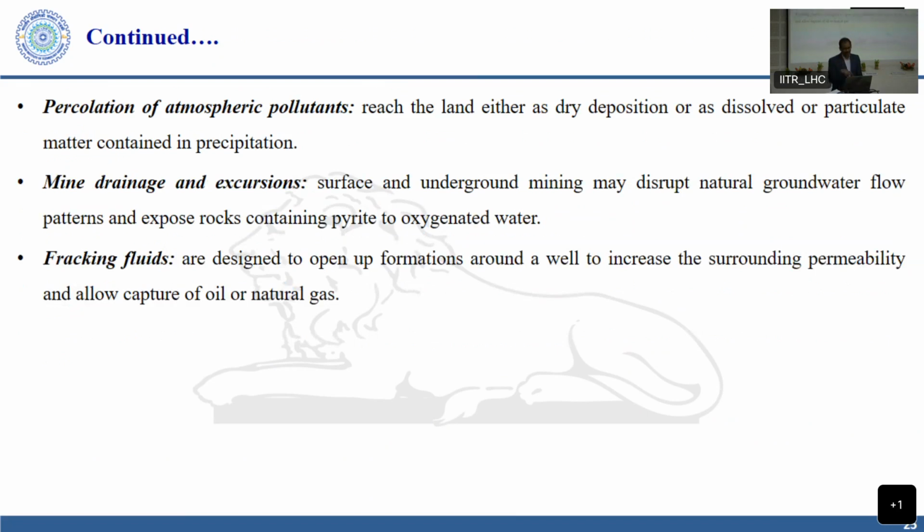Whatever pollutants are in the atmosphere, they are dissolving, along with particulate matter. When rainfall occurs, that particulate matter dissolves in the precipitation and falls on the water, goes into the surface water, and once it reaches the surface water, it will go also into subsurface water. Mine drainage: excessive surface and underground mining may disrupt the natural groundwater flow patterns, exposing rock containing pyrites to oxygenated water here.